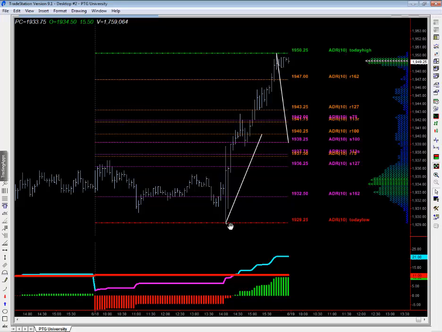So 75% of 11, added from the low, gives us a value here of 1937.50. At this point, this area represents 75% of an average daily range.